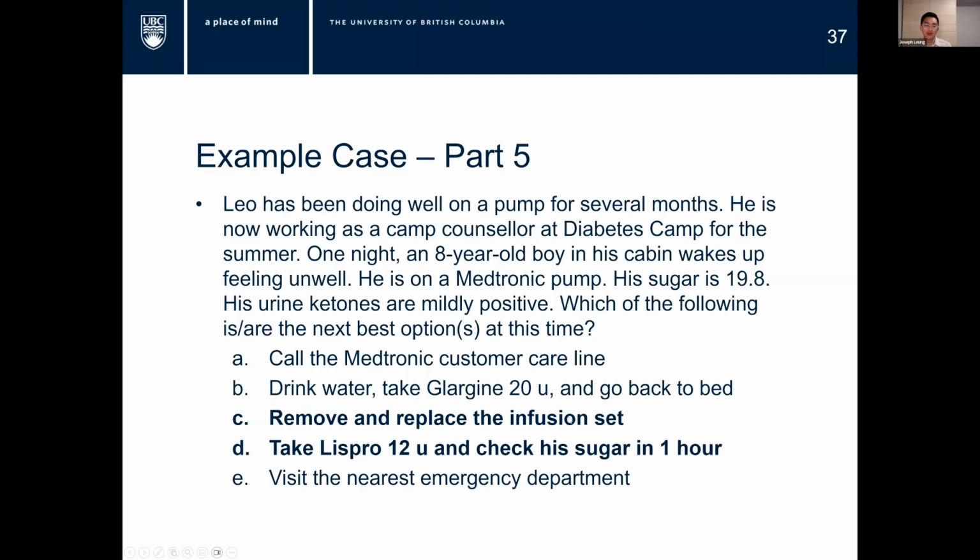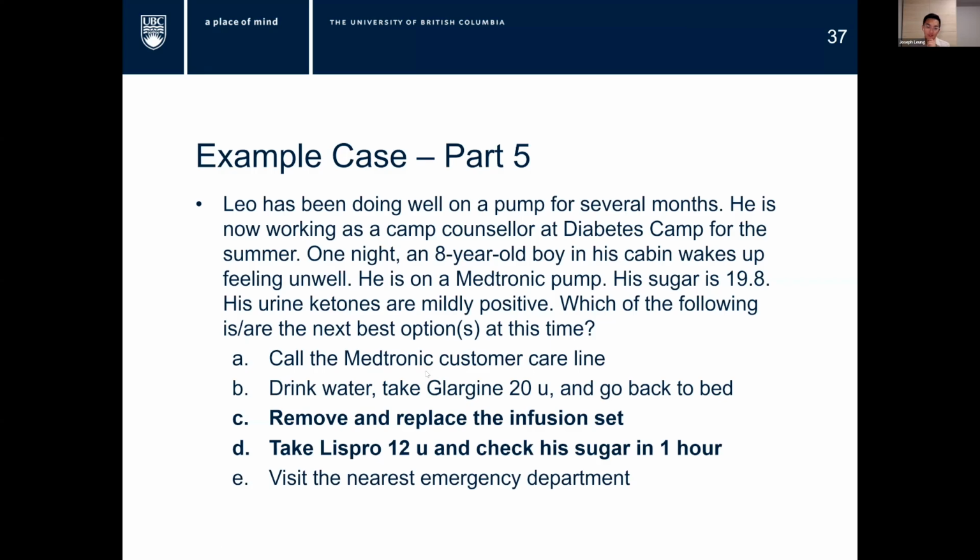But just to make sure that this kid is getting that insulin, we're going to give him Lispro through injection so that we know for sure he's getting that insulin, rather than giving it through the new infusion set. And of course, we want to double check his blood sugars in an hour, make sure that it has come down and that the infusion set is working. You might take a look at it, make sure it's not leaking.